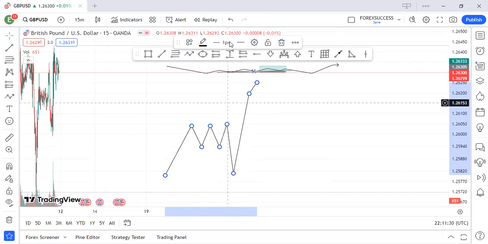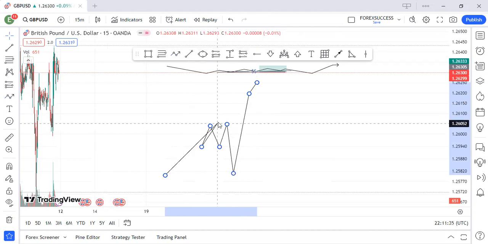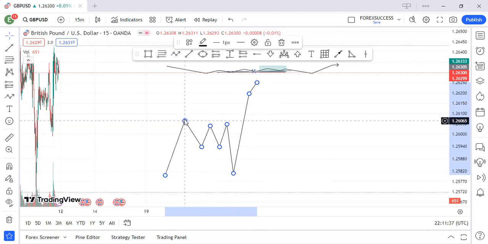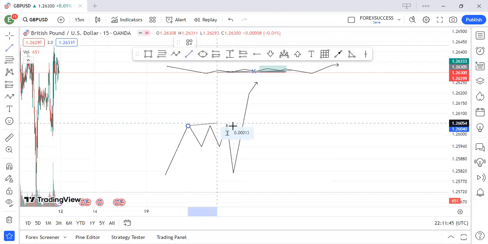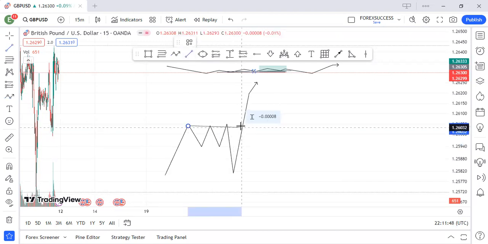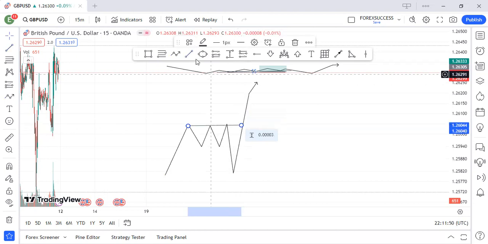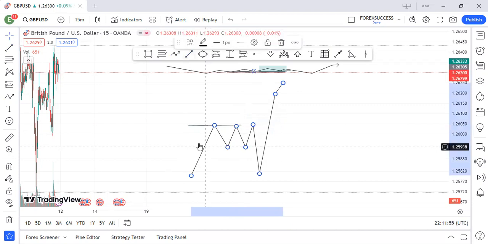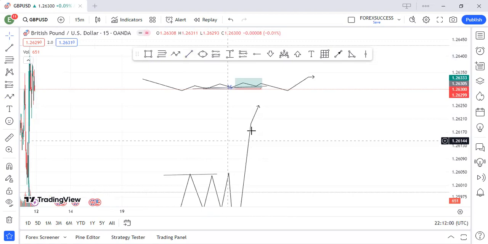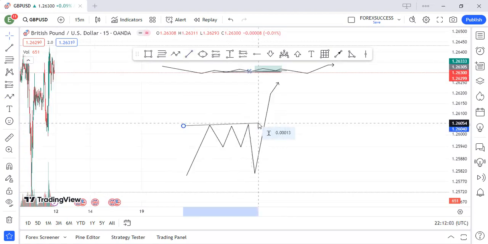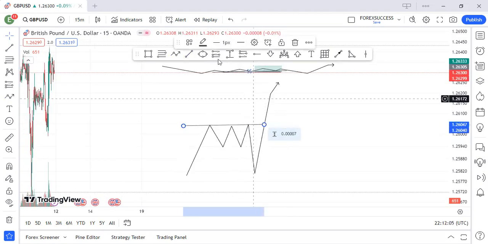Did you understand? What we have here is liquidity, right? And here too, liquidity.